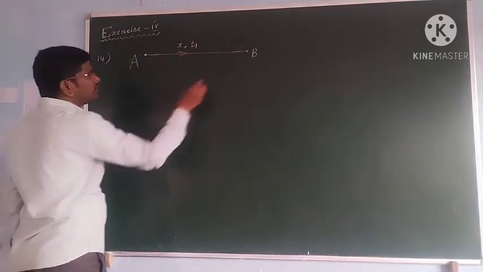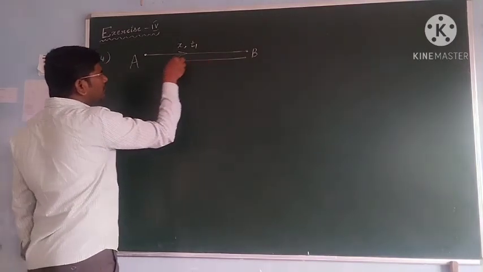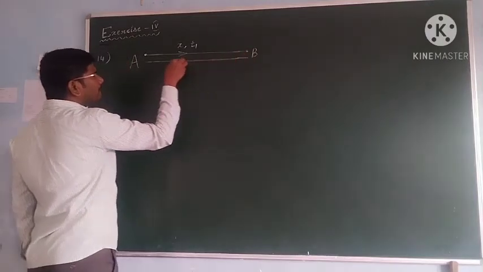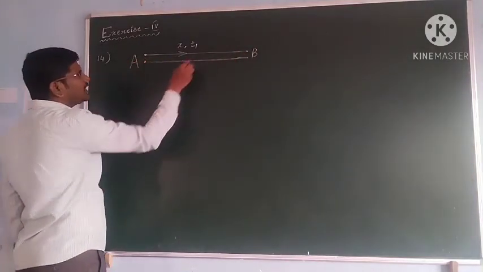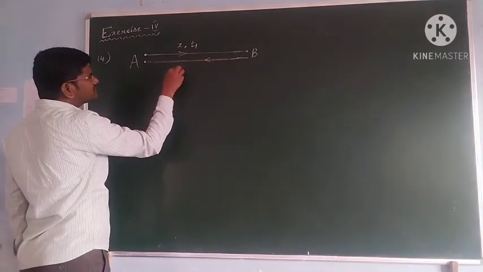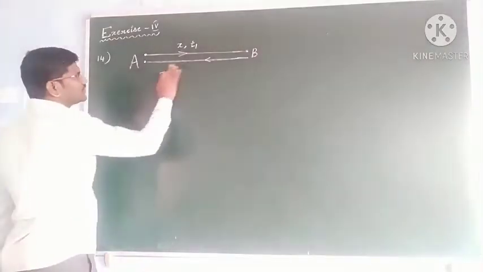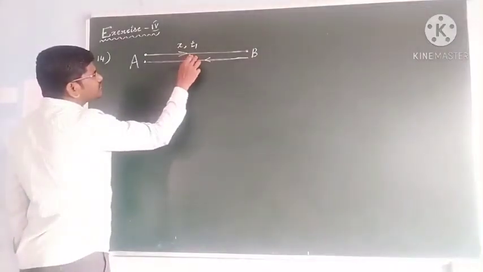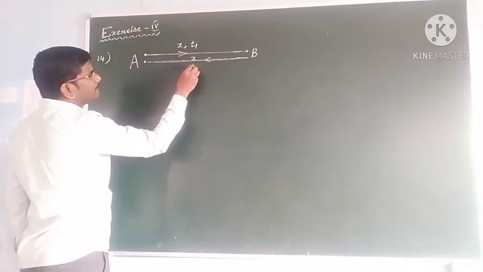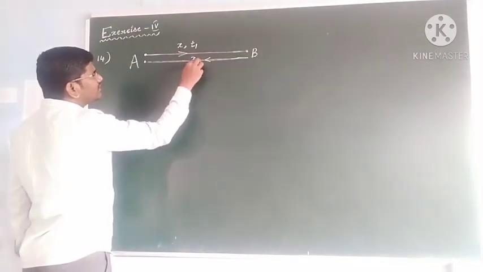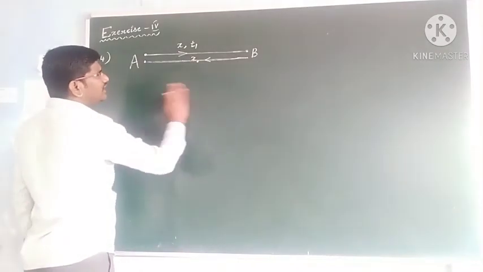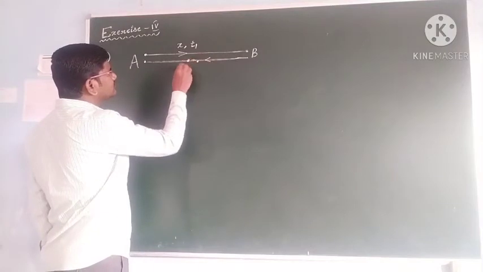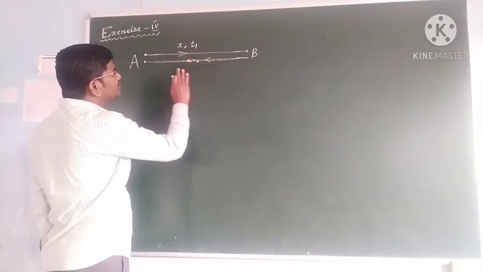Okay students, now B to A. While going from B to A, the covered distance is again x. So B to A total distance we know is x, and when the time taken for B to A is t2, then half of the time interval.